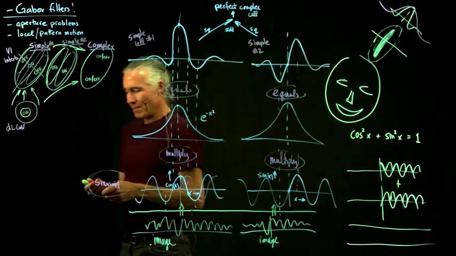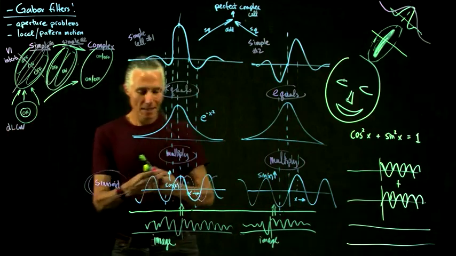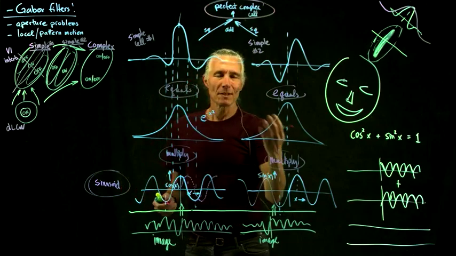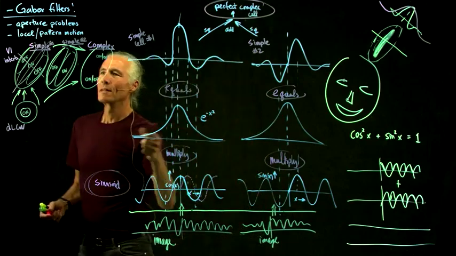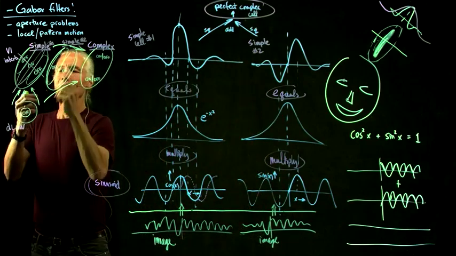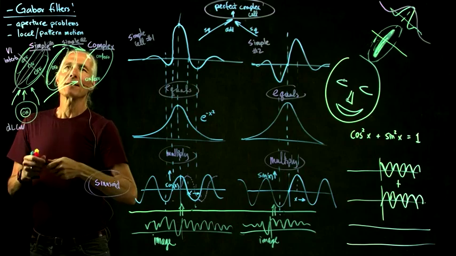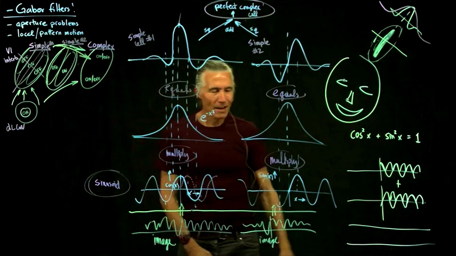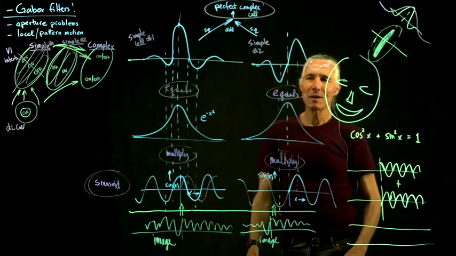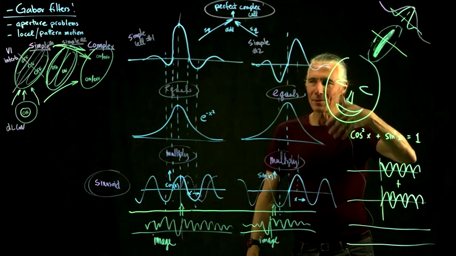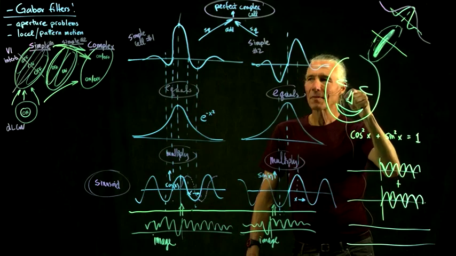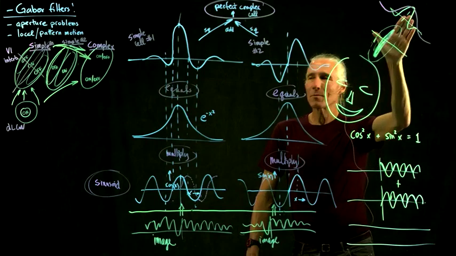And when we make a perfect complex cell out of these two simple cells, what do we get? We get something that is now insensitive to any offset of the ripples. So it doesn't matter exactly where the ripples are.